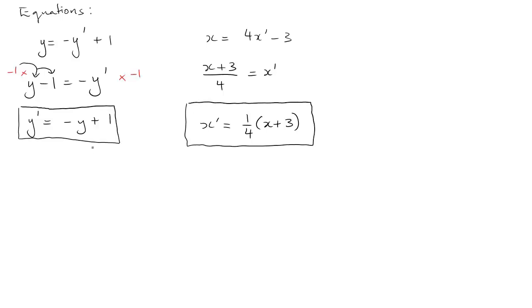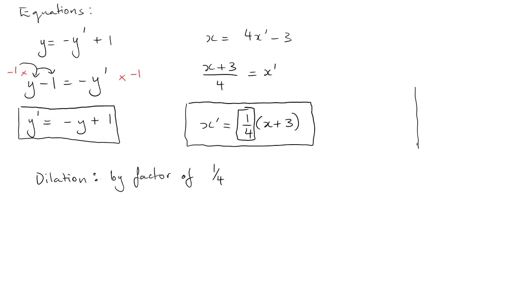Now that we've done that, we can discuss the dilation. In this case, there's no y dilation because there's no number in front of y that's greater than 1. But there is an x dilation, a dilation by a factor of a quarter.